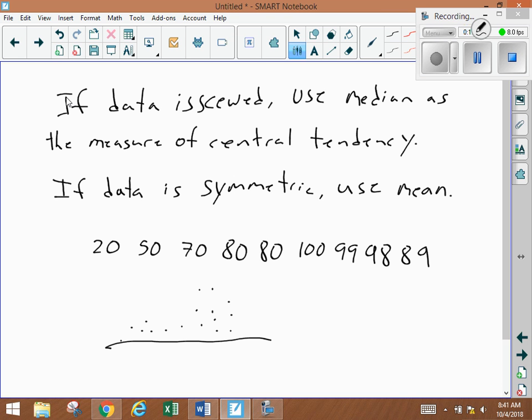If you're going to take a statistics class in college or after this, I want to give you the terms that you're going to hear there. So let's look at skew left and skew right. This would be positively skewed.